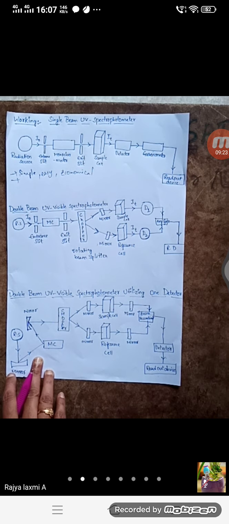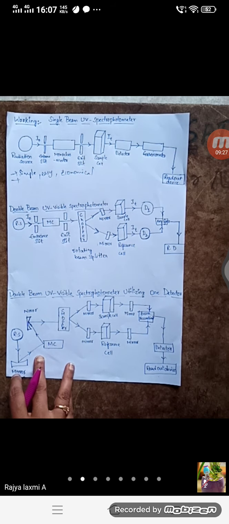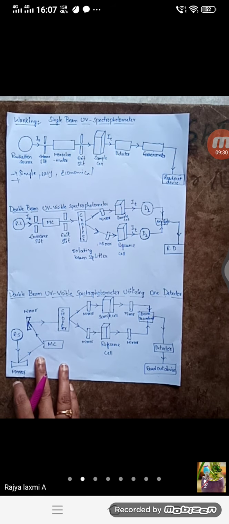So here are some advantages and disadvantages of the double beam UV visible spectrophotometer. What are the advantages?